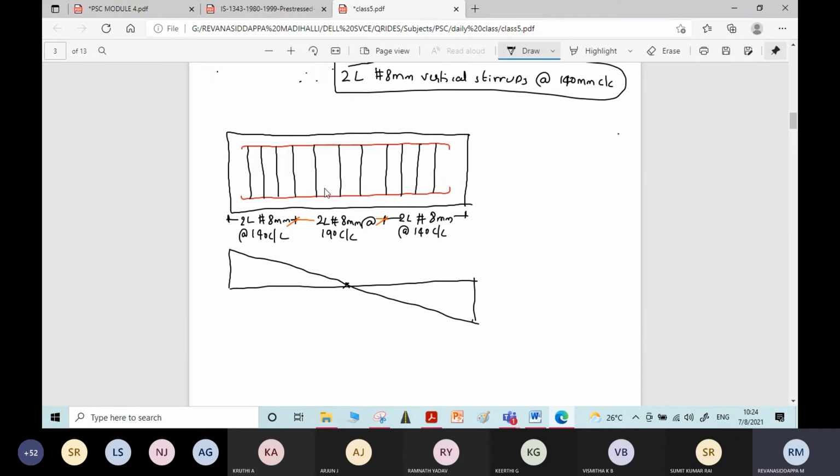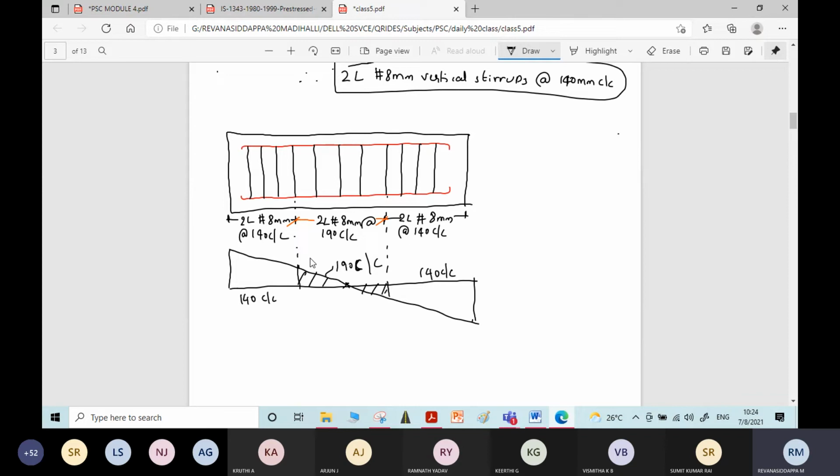Therefore, corresponding to this zone, you can provide a less number of stirrups, you can increase the spacing. Okay, 190 center to center, and here 140 center to center, because the shear force is higher at the support sections. That is why we will slightly increase the spacing at the midspan.